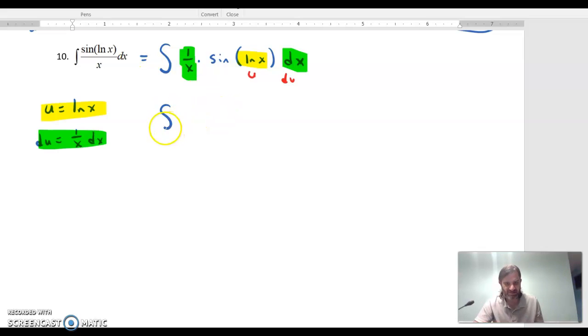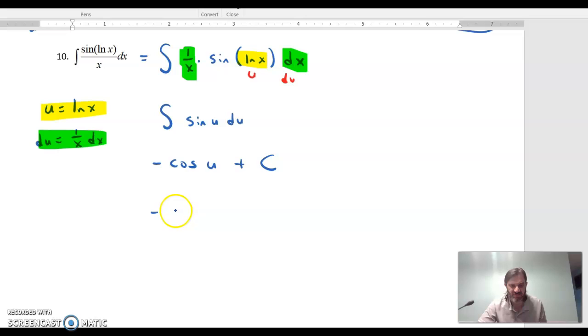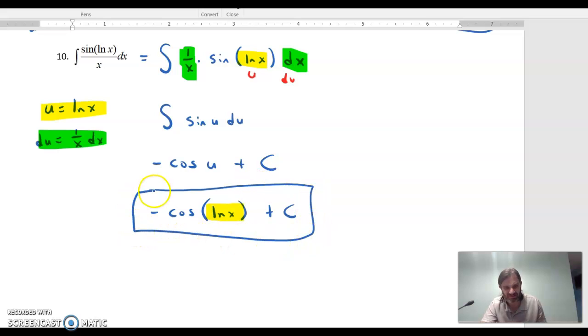So we'll have the integration of sine u du, which the integral of sine is negative cosine, so negative cosine of u plus c. And then we'll take it back to the original statement, so negative cosine of the natural log of x plus c. So always remembering to go back to the original variable, and if there's no endpoints, make sure you throw on a plus c. All right, thank you.